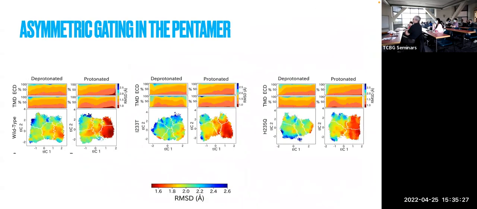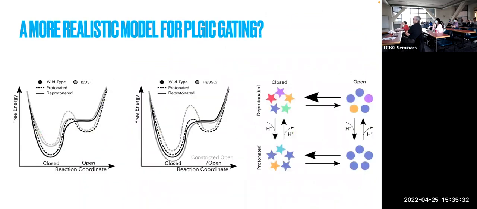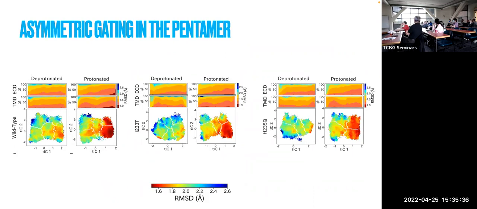The other thing you can do with models like this is study asymmetry, but in the interest of time, I might have to... Yes. What did you say? We don't have any idea as to whether GLIC desensitizes? I think it desensitizes. This is a functional definition. If you lower the pH, the channels open.